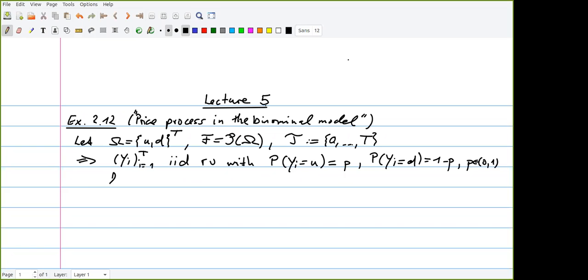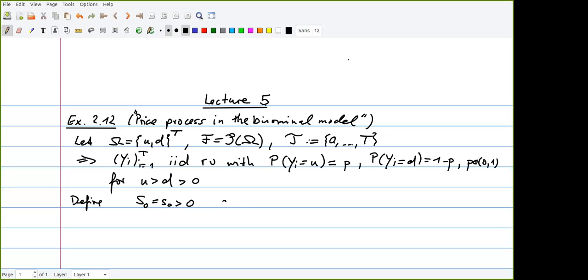Okay, so what are U and D? They are positive numbers, strictly bigger than 0. We want our prices to be strictly positive, and to stay this way. Now we define our price process as follows. At time 0, which is the time we are currently at, we have just a constant S_0, and let's assume it's strictly positive.